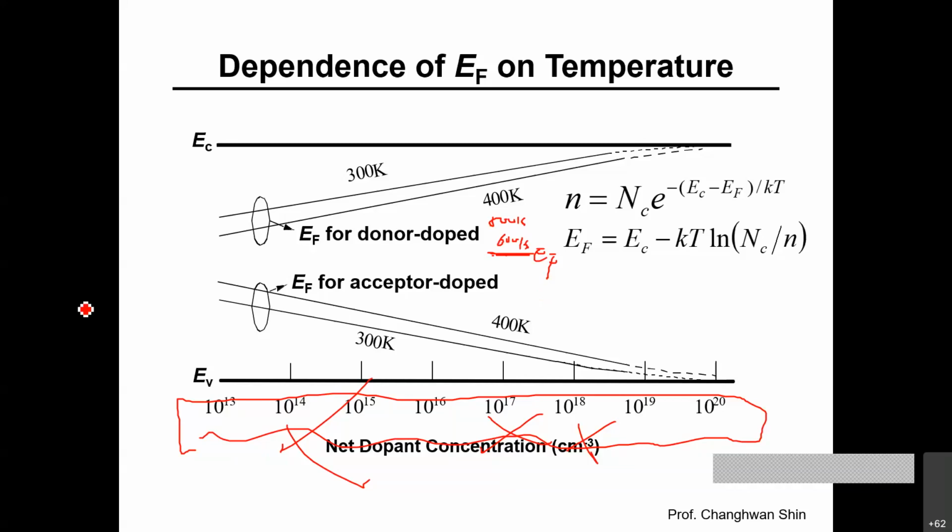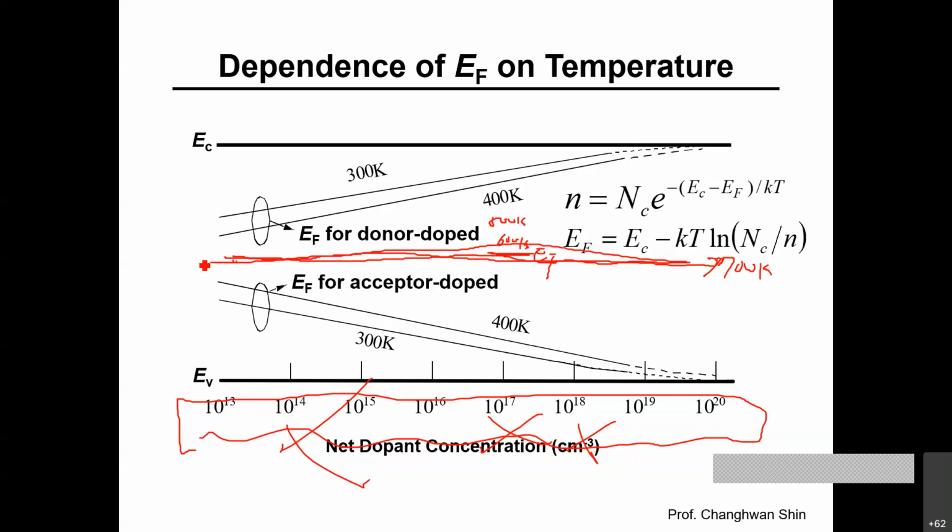So if I draw the E sub F for maybe 700 Kelvin or 1100 Kelvin, even more, then this curve would become asymptotically approaching this line, just a straight lateral line. Okay, you can intuitively guess.